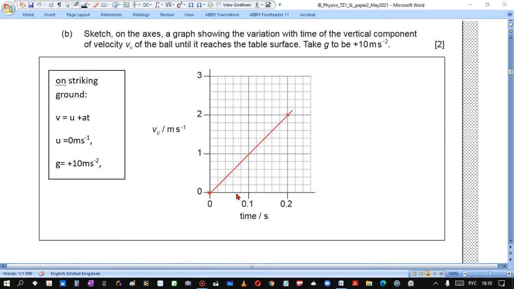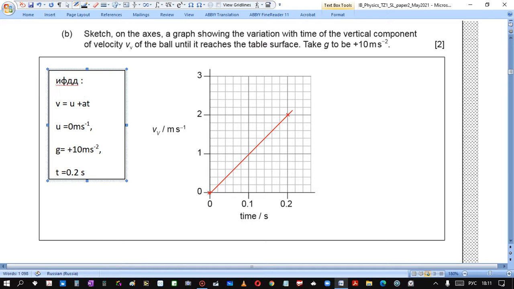Sketch on the axes a graph showing the variation with time of the vertical component of velocity. Take g to be 10. Right, so let's do it. When the ball moves down, the ball accelerates downwards.